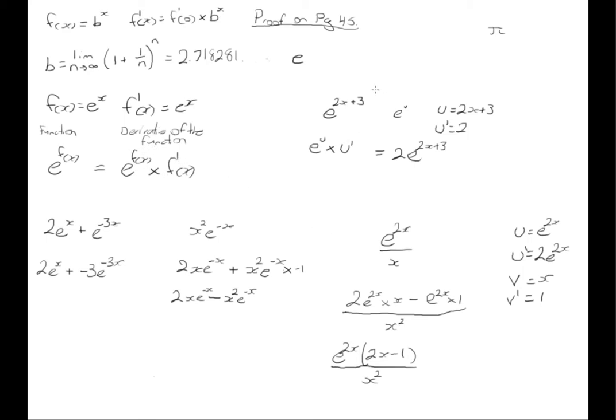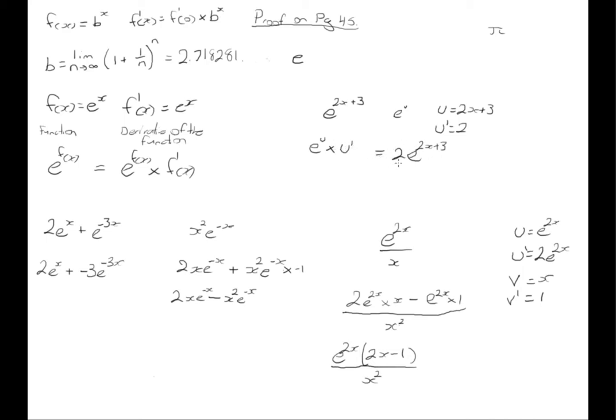So if we've got over here e to the power of 2x plus 3, so e is to the power of all of this. Well, let's go e to the power of u, where u is equal to 2x plus 3, where the derivative of this is just 2. So it's really e to the power of u times the derivative of u, or u dash.